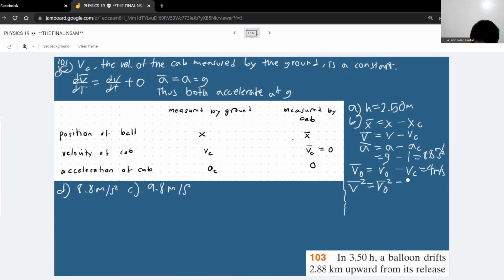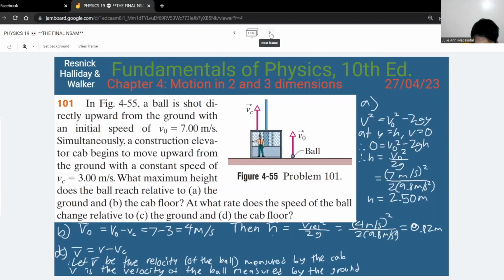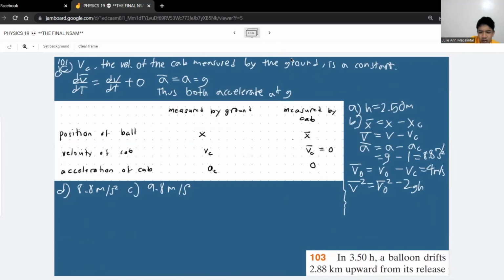is equal to V naught square minus 2, is it G? Ano ba yung G dyan? A bar. So A bar times, tapos gamitin mo Y bar. So A bar is going to be what? Yung 8.8, no? Y bar is the H, the maximum H bar.